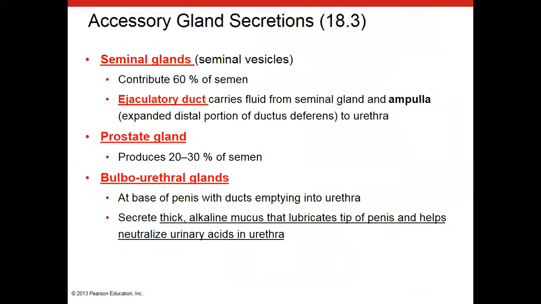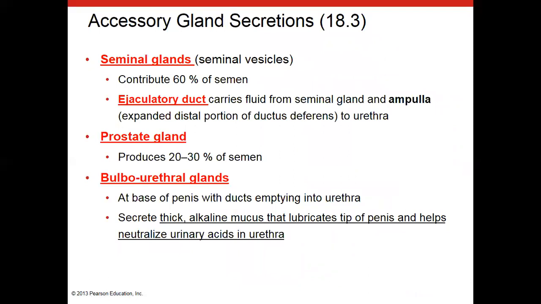These accessory glands, any accessory gland along a tract, produce some kind of fluid or enzymes that will facilitate the goal of the system it's located in. The seminal vesicles, or seminal glands, produce a fluid that makes up about 60% of semen.